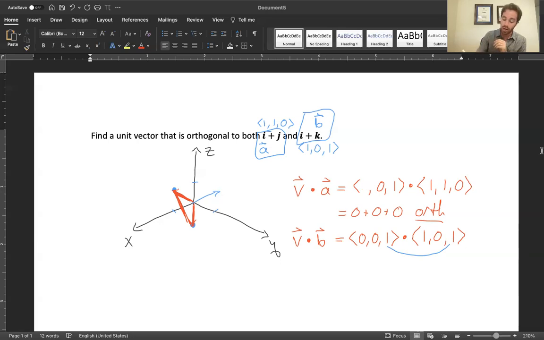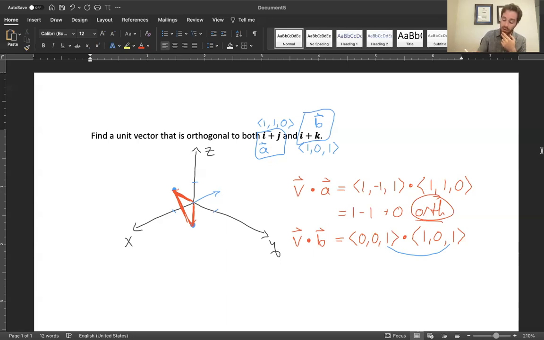Here's what will happen if we do that. If we replace those with 1 and -1, then these 2 are no longer 0, the first 2 components of the dot product, but they do still cancel. 1 minus 1 plus 0, it's still 0, so it's still orthogonal.